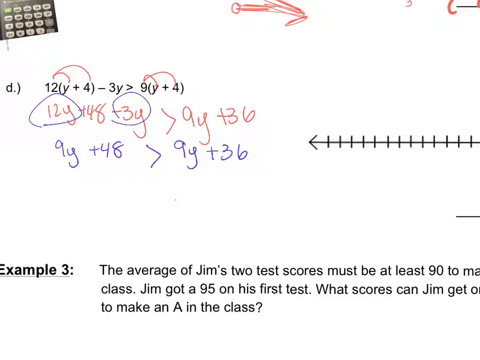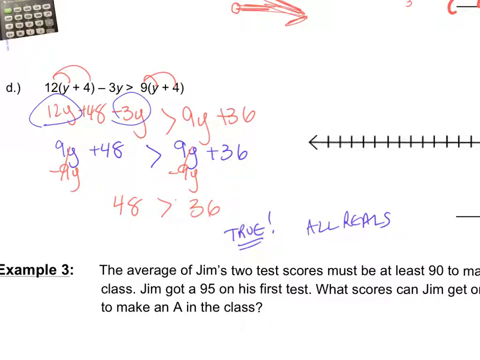Maybe you see the answer already. If not, you can continue. Let's say I'm going to bring this 9y over here. Both of them cancel out, and I get that 48 is greater than 36. And we know that 48 is greater than 36 is a true statement. So this is what we would call, as you all know already, hopefully, all real numbers.